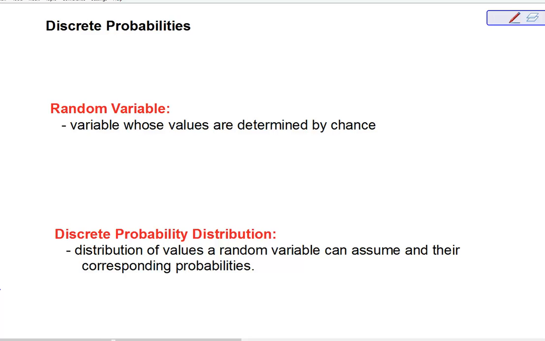In this video, we're going to discuss discrete probabilities. Recall from the beginning of the semester everything that we began discussing about different types of variables and how they could be either categorical, which is qualitative variables, or they could be quantitative.